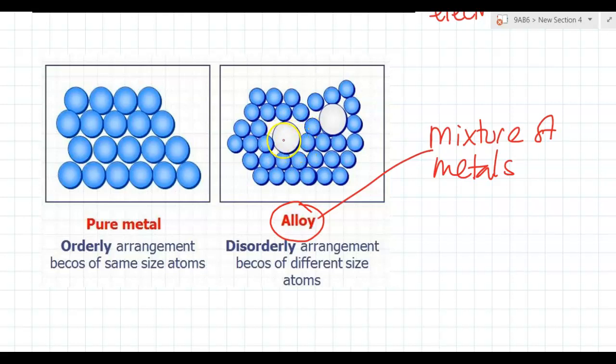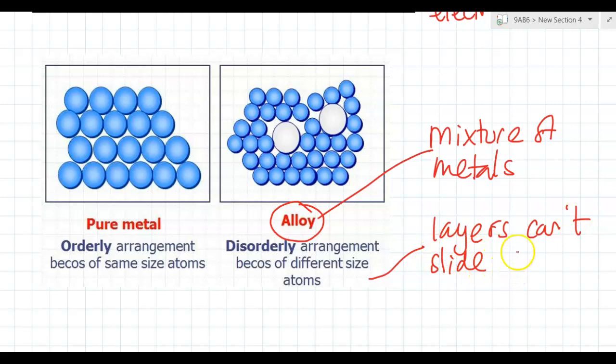Okay, so these bigger atoms here mess up the nice neat layers. The layers can't slide. Okay, and therefore alloys are harder than pure metals.